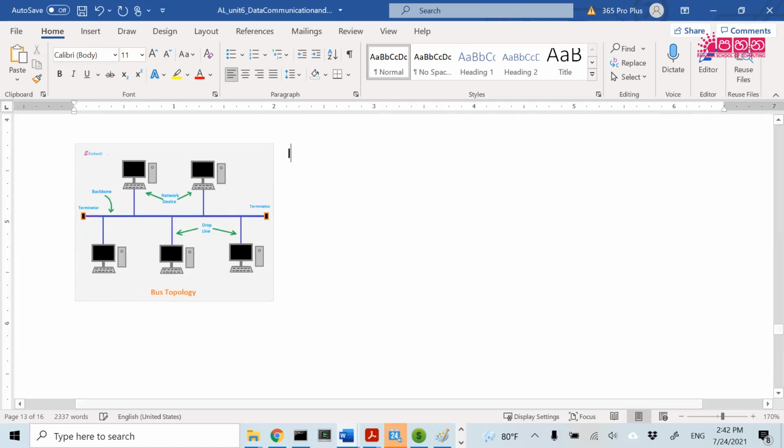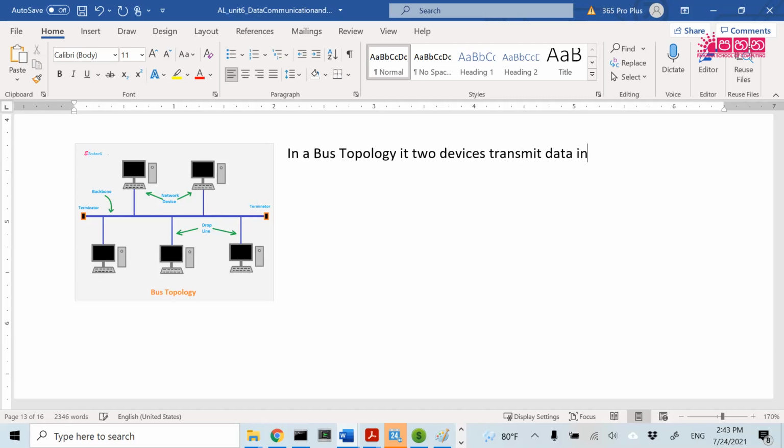So in bus topology, if two devices transmit data in opposite directions, what will happen?